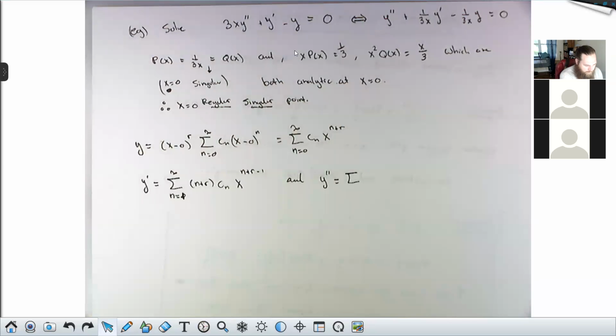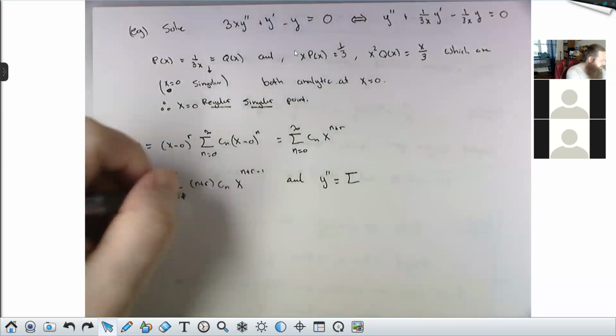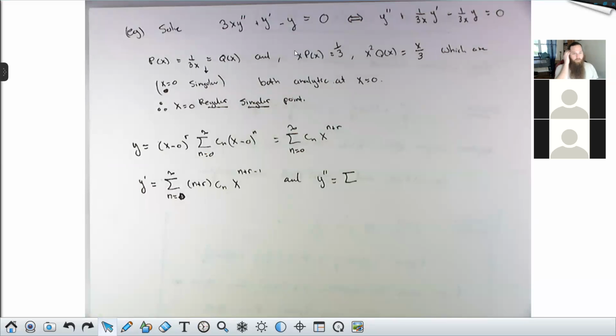And y double prime is going to be sigma from 1. I guess that's a subtle thing, isn't it? Yeah, no, I should still be starting at 0. Sorry. We mentioned this. When you differentiate a power series, you bump the starting index up if and only if the original series has a constant term. Does this series have a constant term?